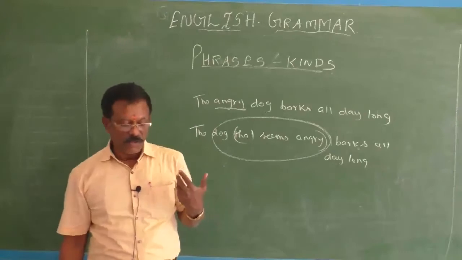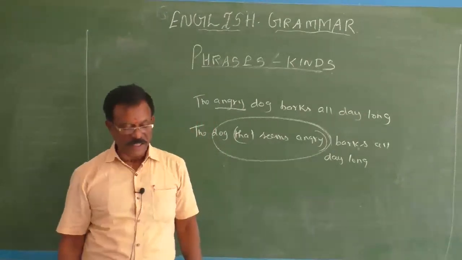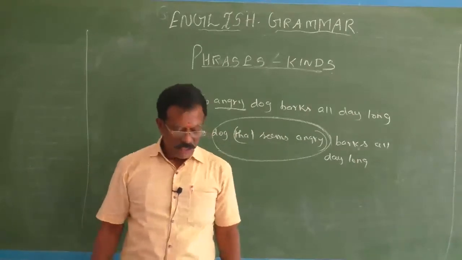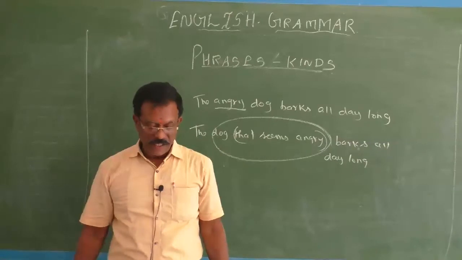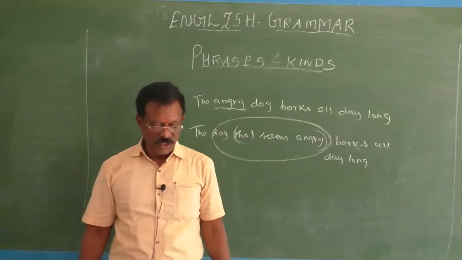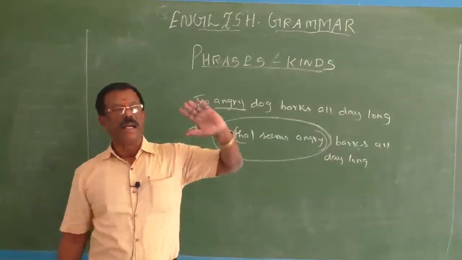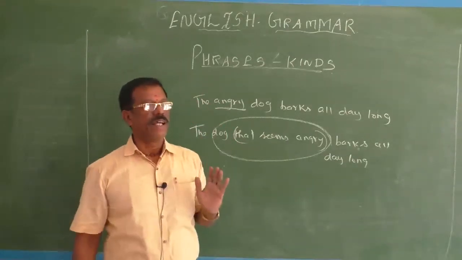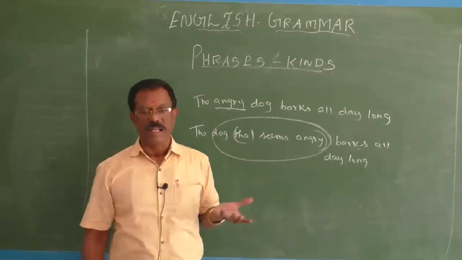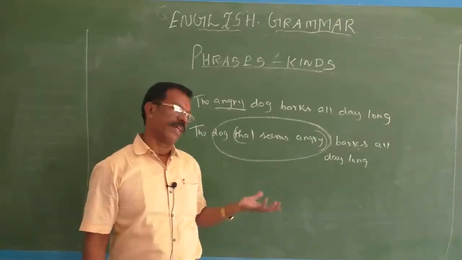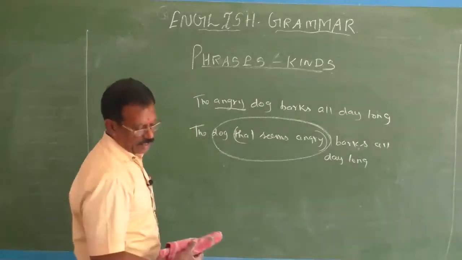So an adjective phrase can be used in the beginning of a sentence, sometimes in the middle of a sentence, sometimes at the end of a sentence. Okay. So for each one I will give you one example. Could you remember, children? Like a noun phrase, an adjective phrase can be used in the beginning, in the middle, and at the end of a sentence.